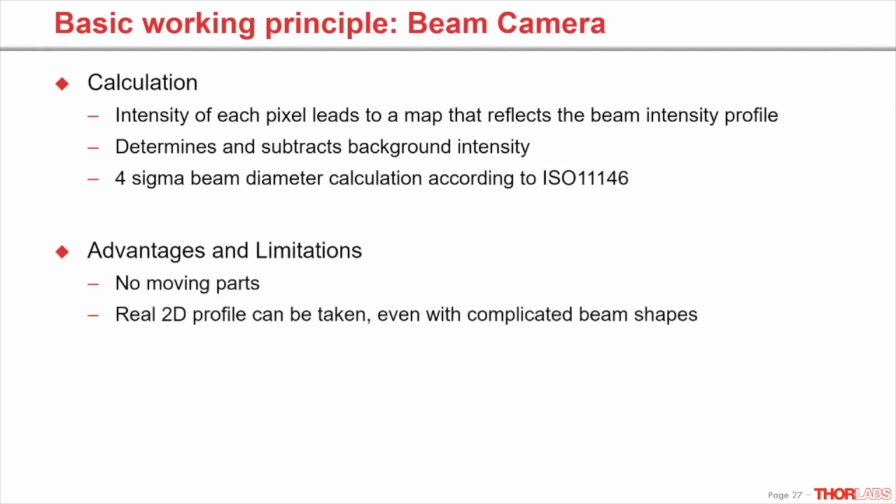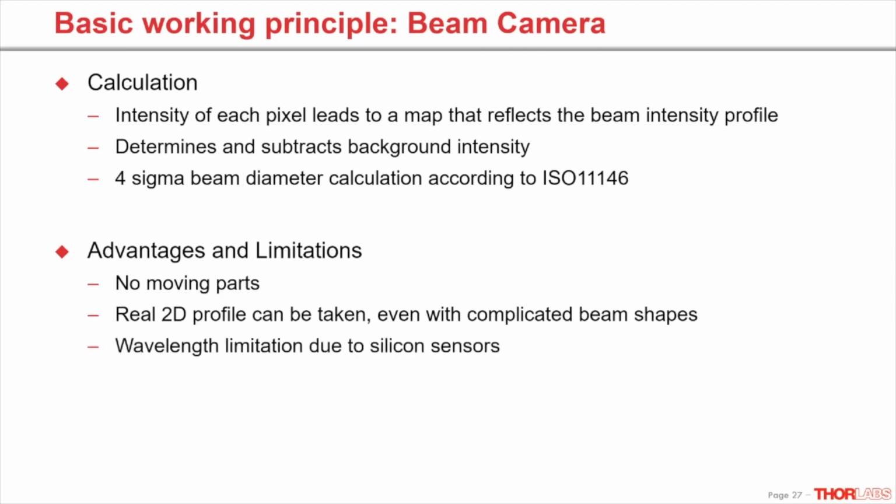In order to list the advantages of the camera beam profilers, the uncomplicated mechanical structure should be mentioned first, as it does not contain any moving parts. Second, the camera can measure any beam profile, including higher transverse modes or patterns generated by optical elements, or even more than one laser beam.